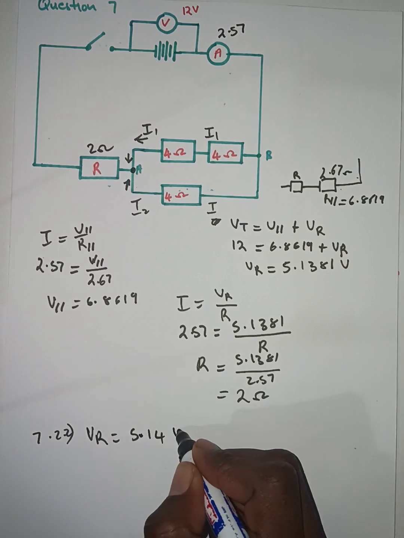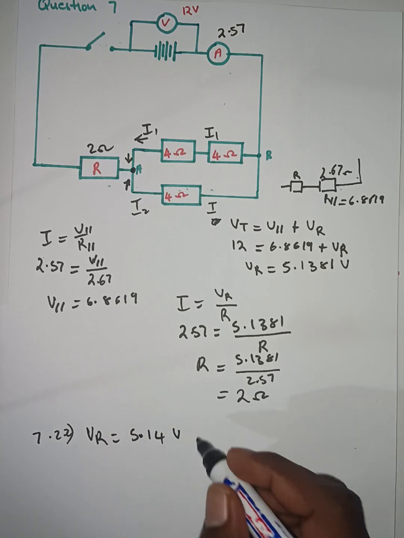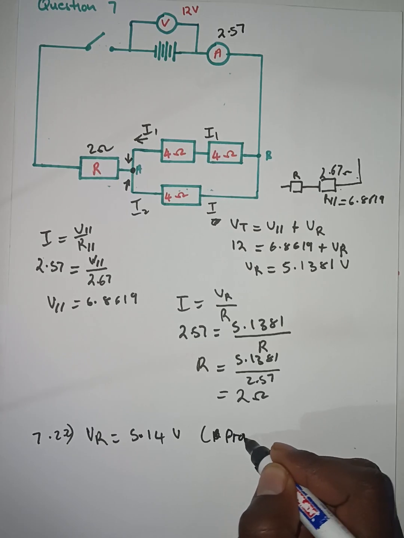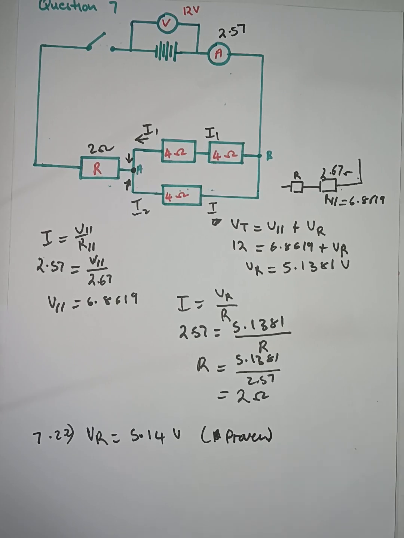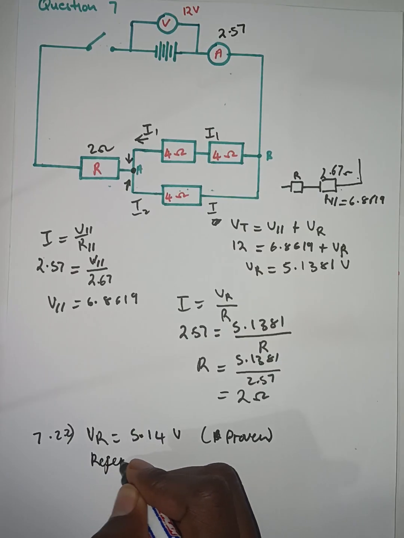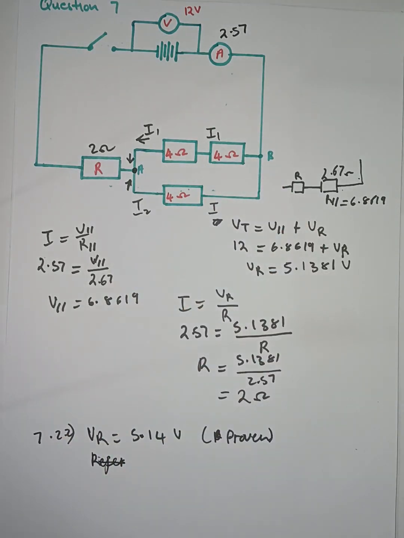So you would say that value is 5.14 volts, and you can just write that down if you want, or you can simply say refer to question 7.2.1.